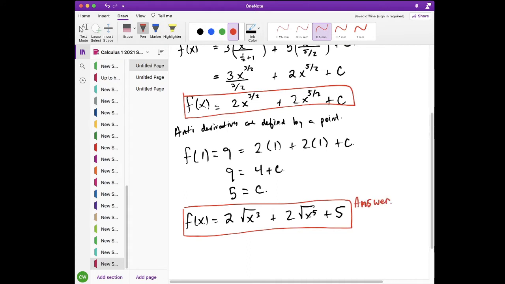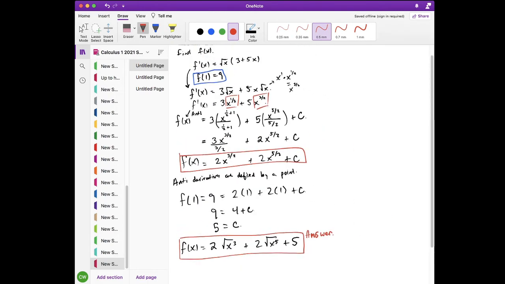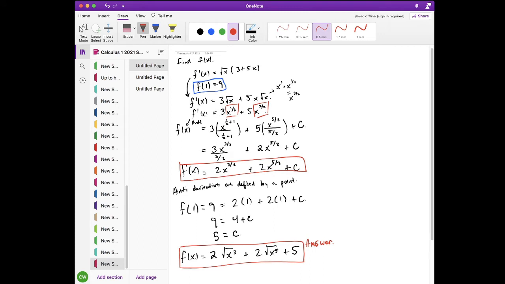All right, is that better? Seeing that written out for those who were confused by this? Yeah. So the general scheme is to find the antiderivative. So this is the general antiderivative, which is an infinite number of functions, right?